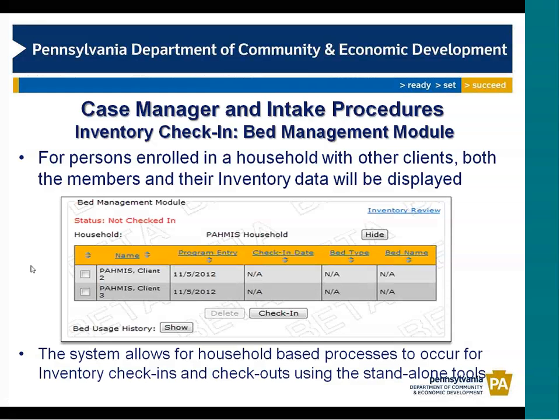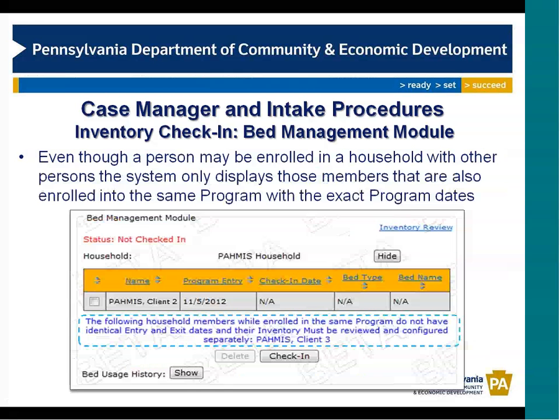Now, with these households, we had to be very particular about what information we showed, because even if a client is currently enrolled in a household with other members, only if those other household members are enrolled in that residential program with them, plus they have the exact same stay dates, which means both entry and exit dates, will they show up in this grid.